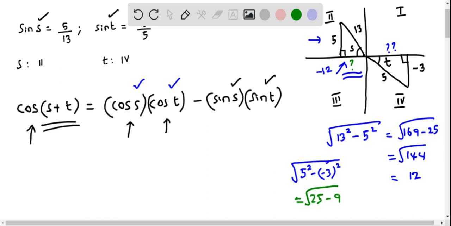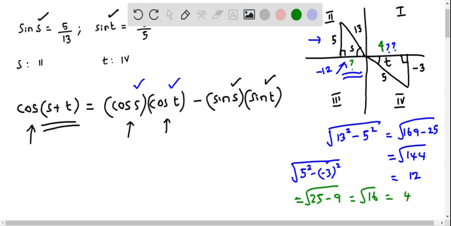So this becomes 25 minus 9, which is 16. The square root of 16 is plus or minus 4. But here we consider only positive 4 because this lies in quadrant 4, where x is positive. So we have determined the unknown side lengths of those two triangles.